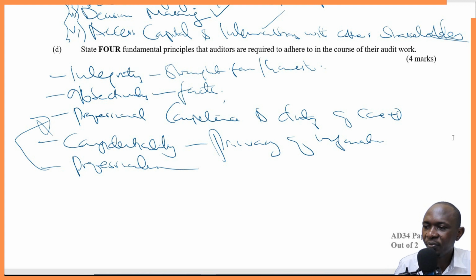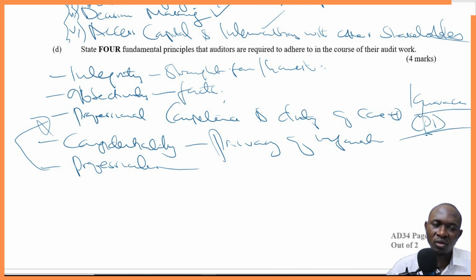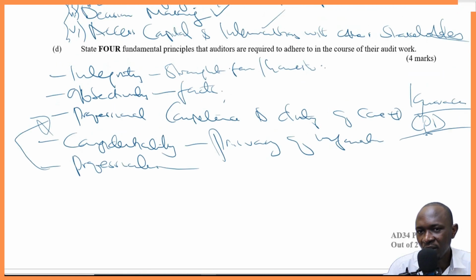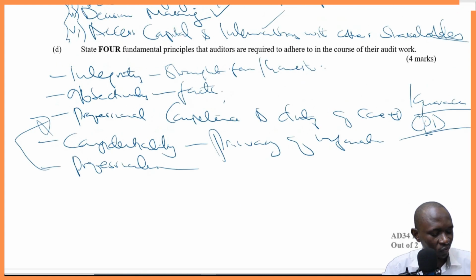And majorly, ignorance doesn't have a place here, and so it calls for continuous professional development to ensure that you are well in touch with everything that is happening in the field, so that you can ensure that the interests of all the stakeholders are safe under your care. So those are the fundamental principles: objectivity, integrity, professional competence, confidentiality, and professionalism.